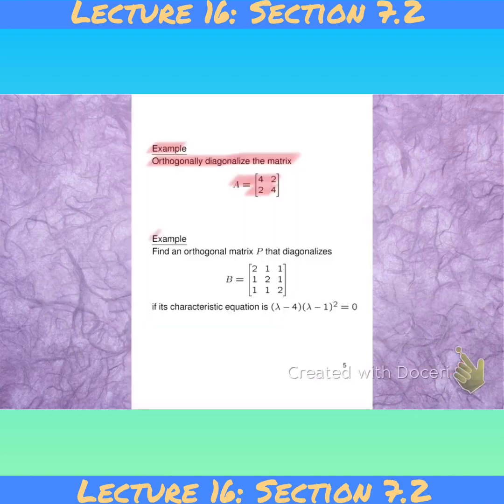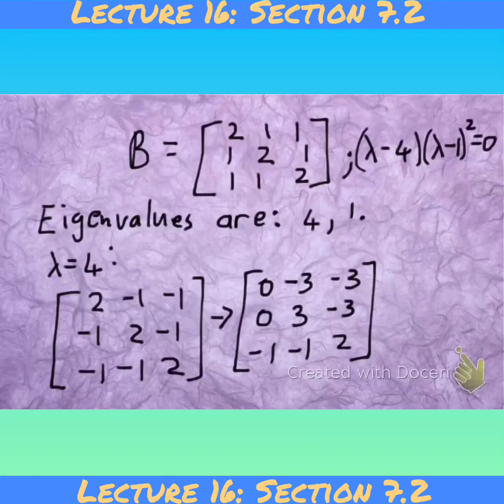Right, so the next problem here is find an orthogonal matrix P that diagonalizes B, where B is the symmetric matrix. They're nice enough here to give us the characteristic equation, so we don't have to do the long work of getting it. So there we are given B, and we're given this characteristic equation.